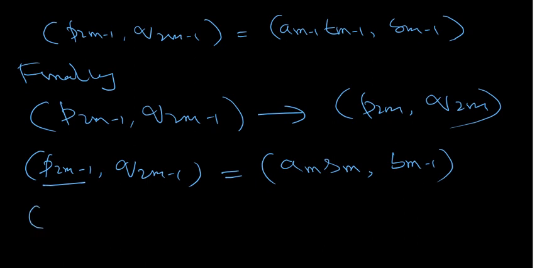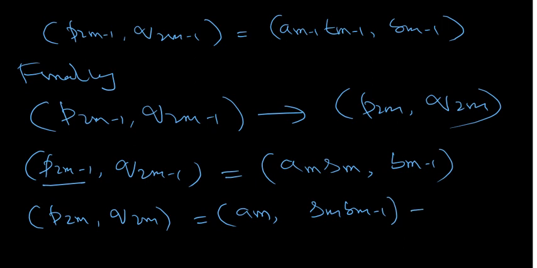Then P2m Q2m must be equal to AM SM and BM, and this is the last one. Now you can see from these sets of transitions, we obtain those sets of equations.